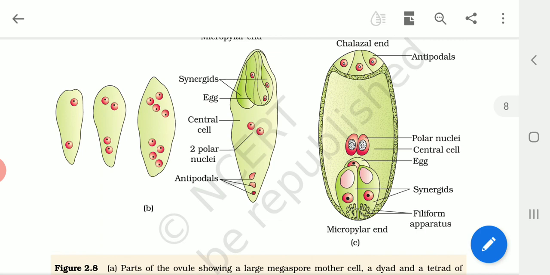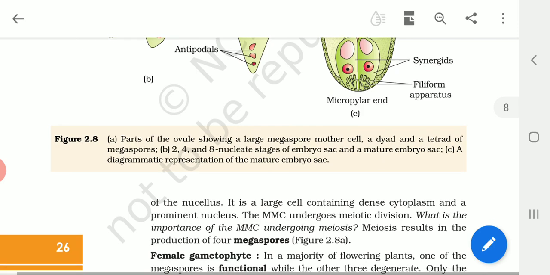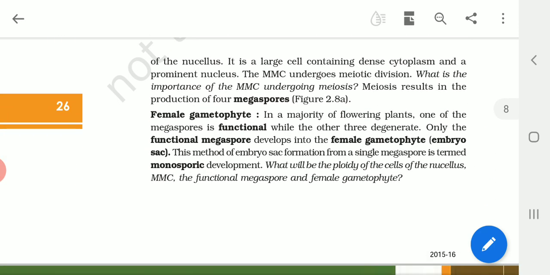Now that we have learned microsporogenesis, the development of the male gametophyte, and the development of the female gametophyte, what major differences can we draw? First, the male gametophyte develops from the microspore, that is the pollen grain, whereas the female gametophyte develops from the megaspore.